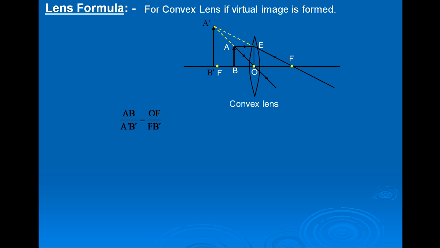Now all the distances must be measured from optical center, and also EO is equal to AB. Therefore we get AB upon A dash B dash is equal to OF upon FB dash, because EO is equal to AB. Put this equation number 2.